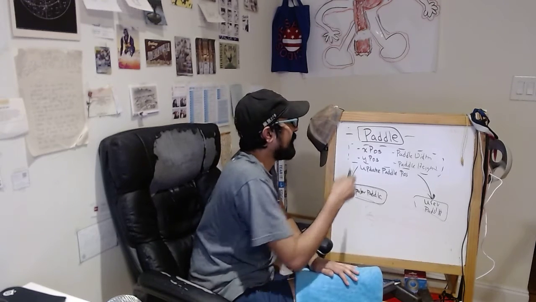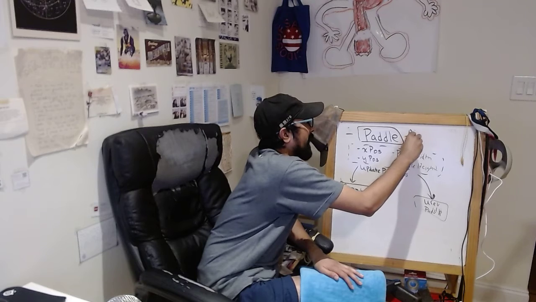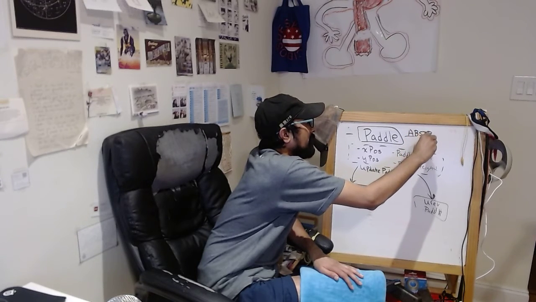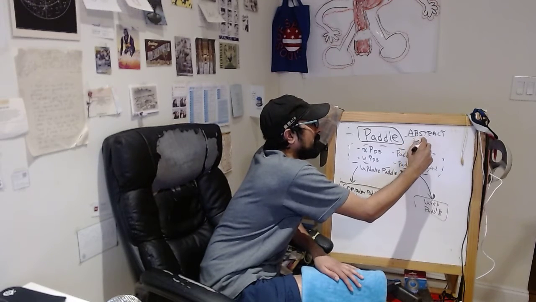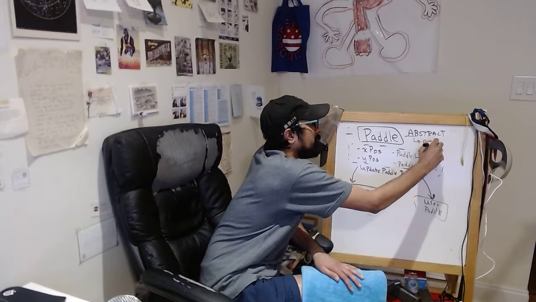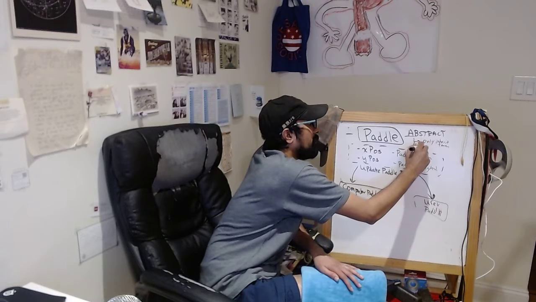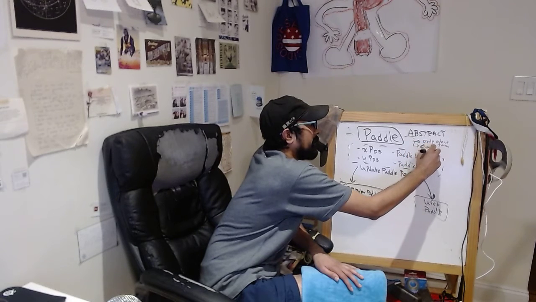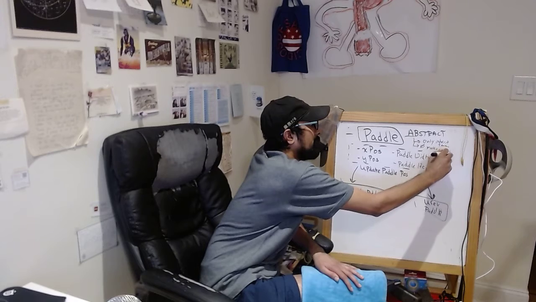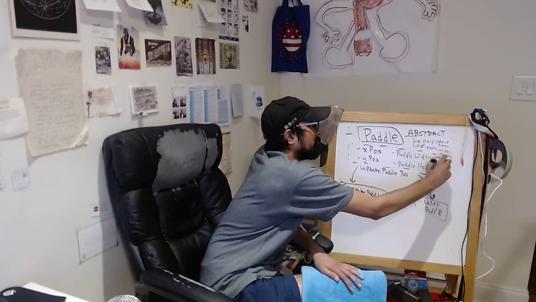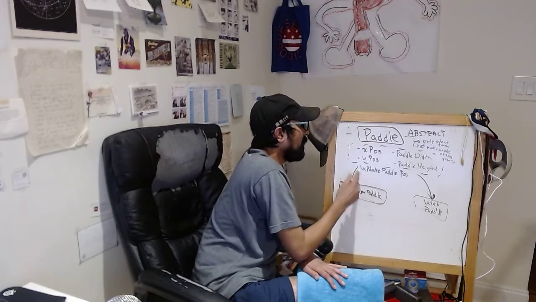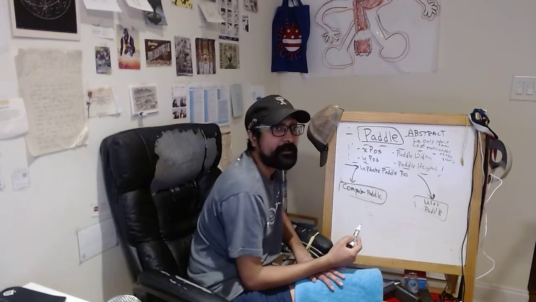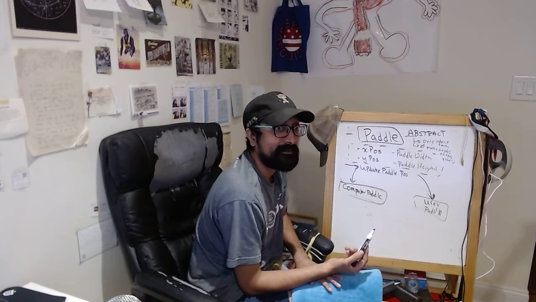Now, another thing I said is that paddle is going to be an abstract class, okay? And what an abstract class is, it's a class you never make, you only inherit from. You never make an object of an abstract class. And why can't you make an object of this class? Well, because it has a function that is not defined, okay?